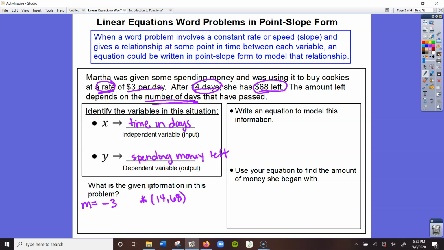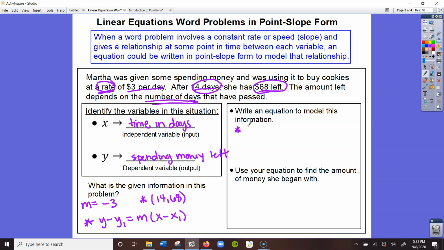Since I have a point and I have a slope, that means I'm going to have to use point-slope form, which as a reminder is y minus y1 equals m times x minus x1. I'm going to take the point that I have and the slope and plug it in.